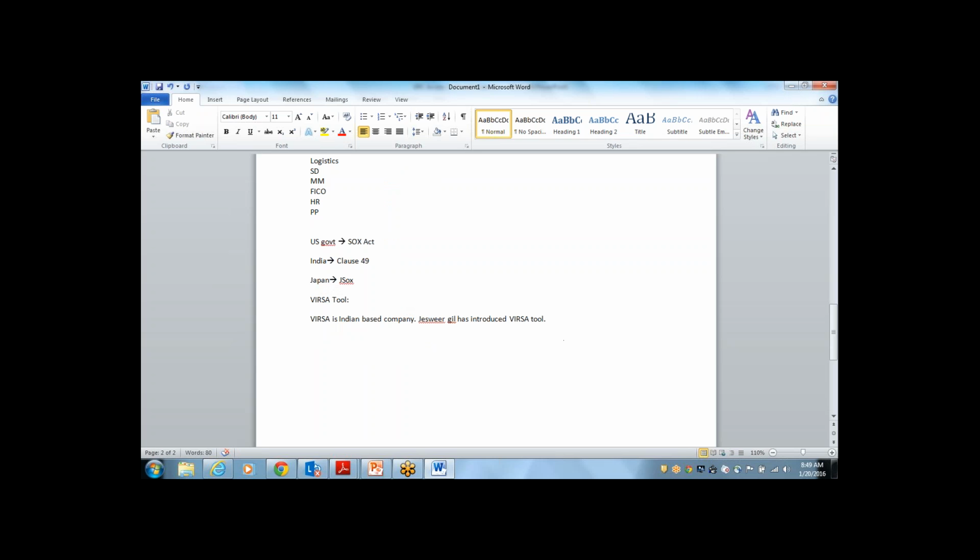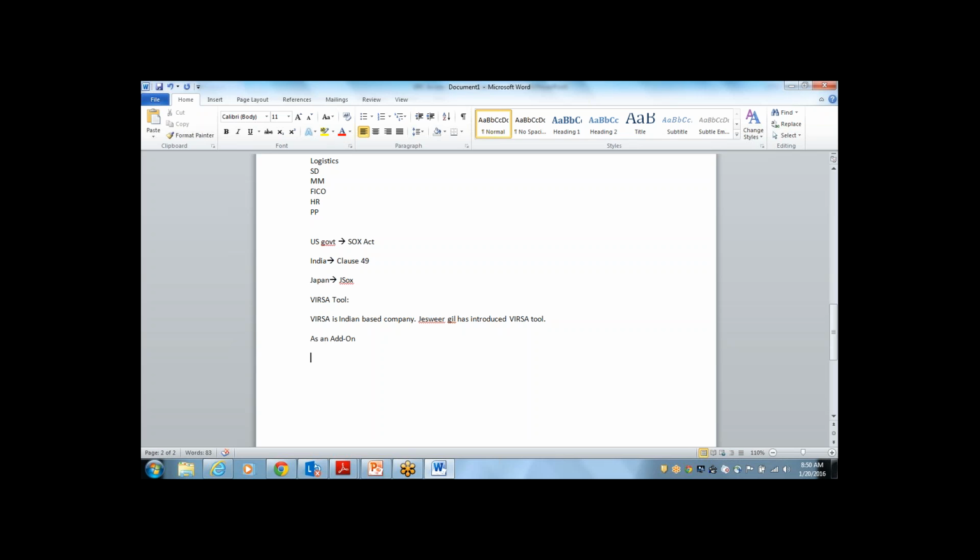They introduced this Virsa tool as a third-party tool. What SAP did is they acquired it, and they used to implement or deploy it as an add-on. If you remember SAP advantages, SAP has a very good advantage that it can be integrated with any third-party tools, obviously, right?